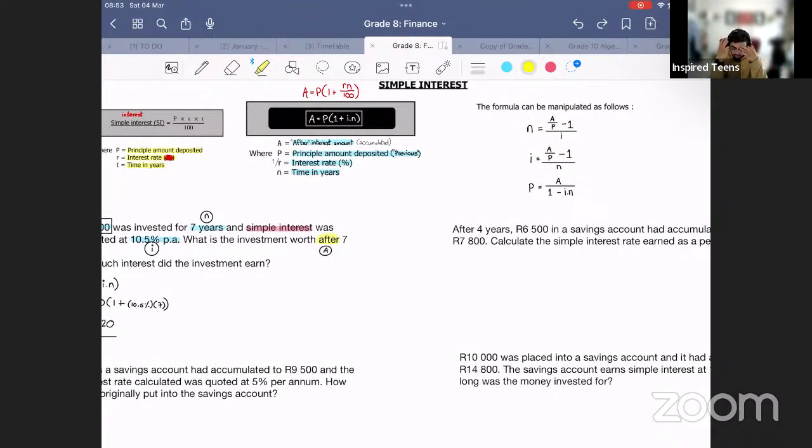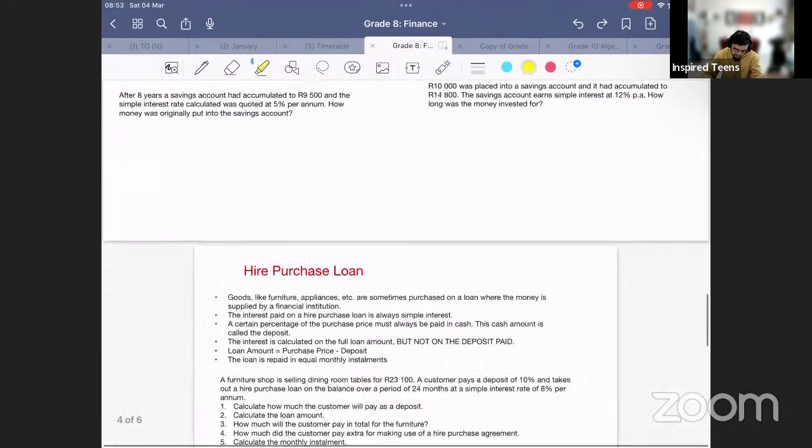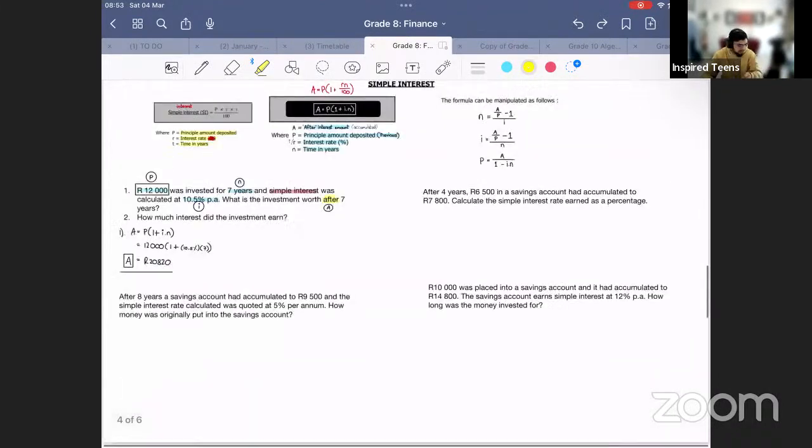These sections take long and we did start a bit late. We're going to continue simple interest next time, hire purchase loan, exchange rates, move on to integers, common fractions, solving problems, dividing whole numbers by common fractions, calculating square and cube roots of common fractions, and then decimal fractions. We'll go through all of that.